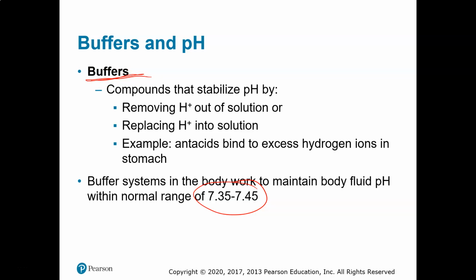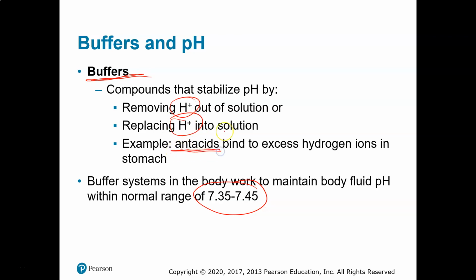When the pH goes too low, they will remove hydrogen ions from the solution, so the pH will rise back up. And when the pH goes too high, they will add hydrogen ions to solution so that it will lower the pH. One example is antacids.